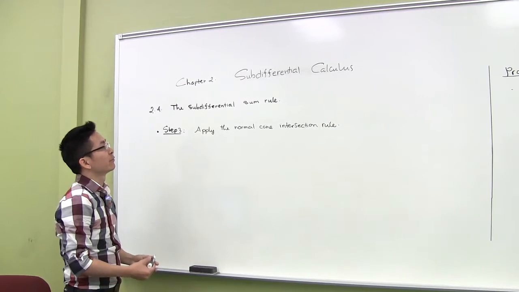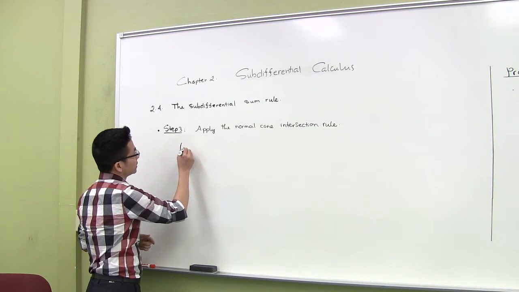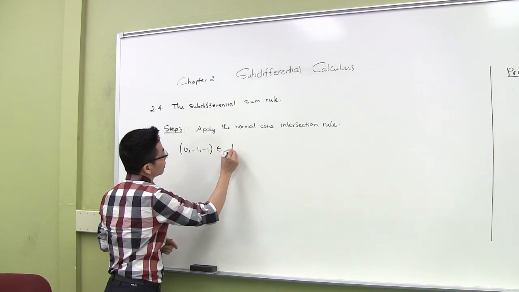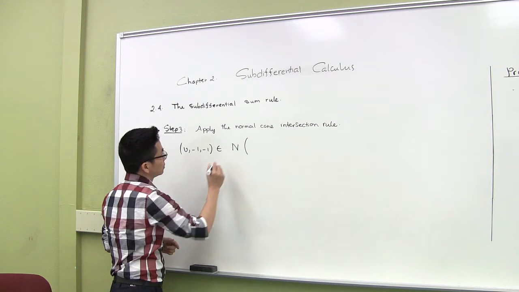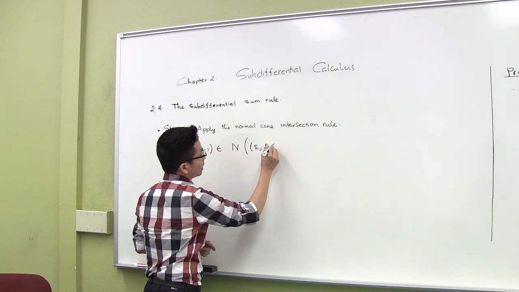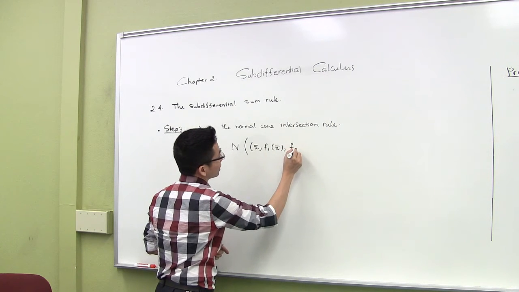Okay, in the first step we saw that v, minus 1, belongs to the normal cone to the intersection of omega 1 and omega 2 at this point, x bar, f1 x bar, f2 x bar.